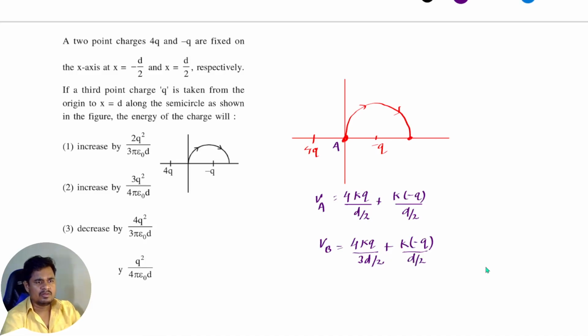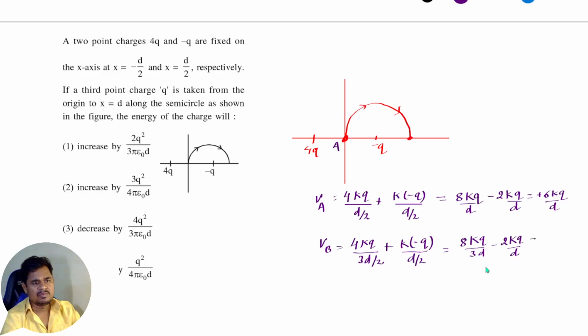If we simplify it, we get 8kq by d, and this is minus 2kq by d. That will give plus 6kq by d at this position. And at B, you can see this is 8kq by 3d minus 2kq by d.